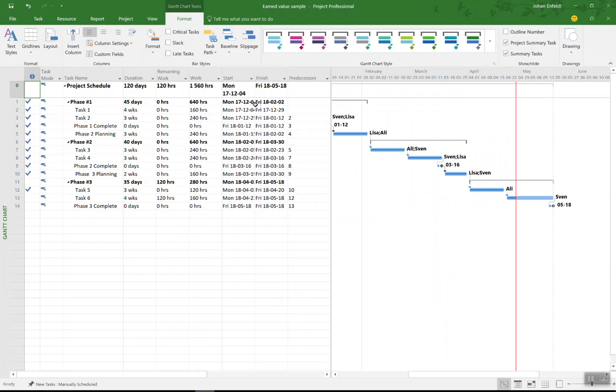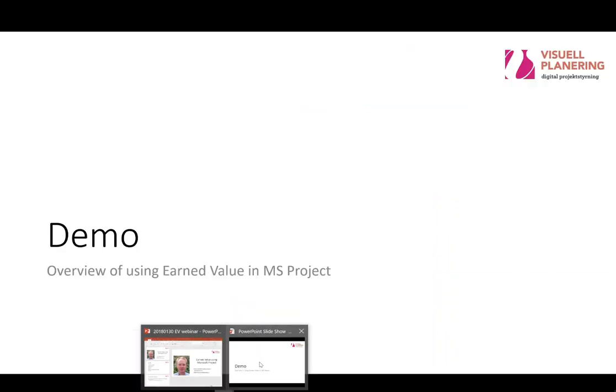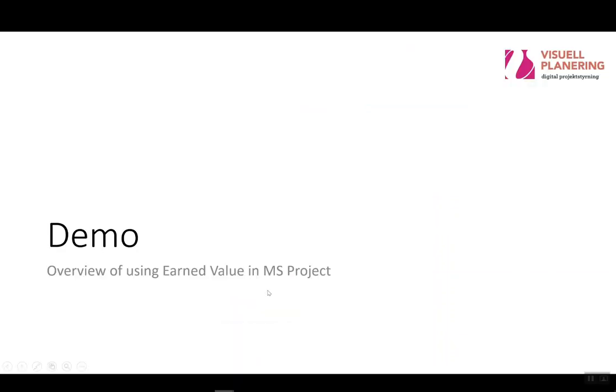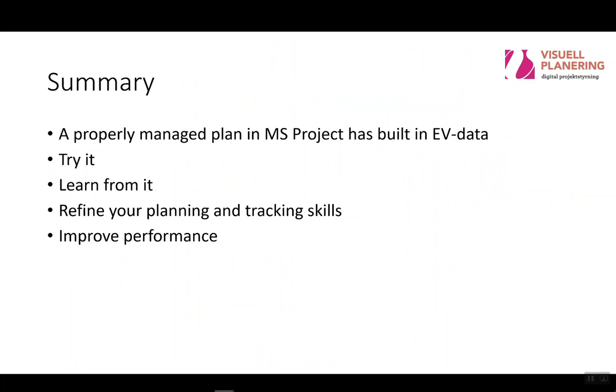See the plan again. So this was a quick overview of the earned value functions in Microsoft Project, or the most important ones. To wrap this up, we go back to the slideshow, and the summary is that if we have a properly managed plan in Microsoft Project, we also have built-in earned value data.